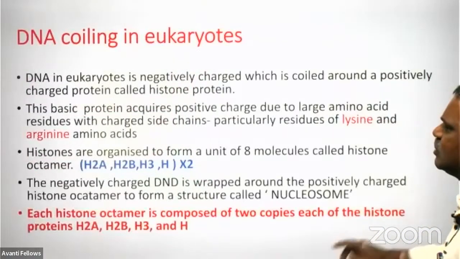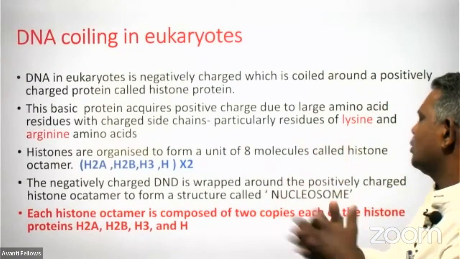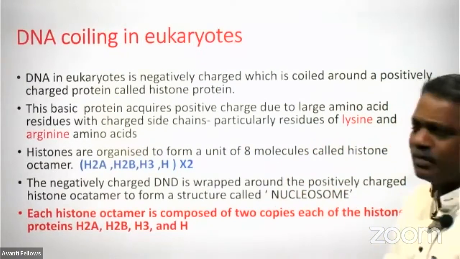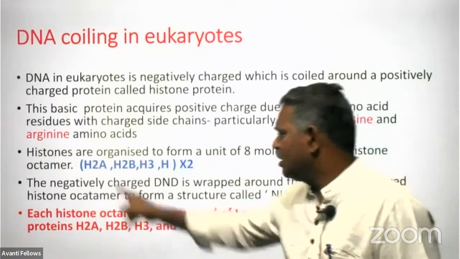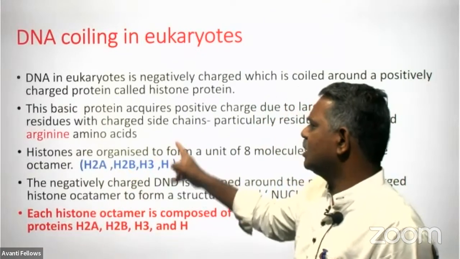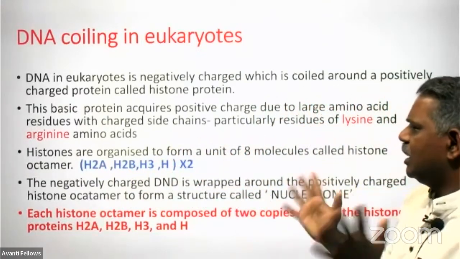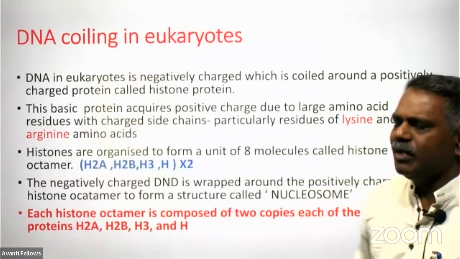So histones are organized to form a unit of 8 molecules. We call it the histone octamer only. And octamer, 8 are there. There are 2 H2A, 2 H2B, 2 H3, and 2 H4. Total 8 molecules are there in a histone protein.